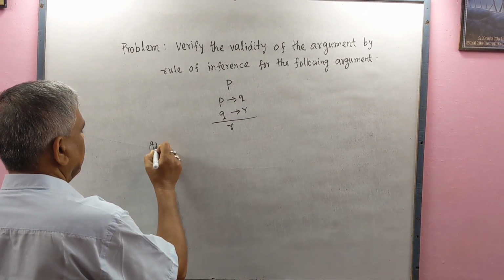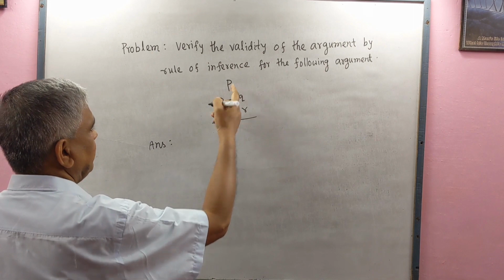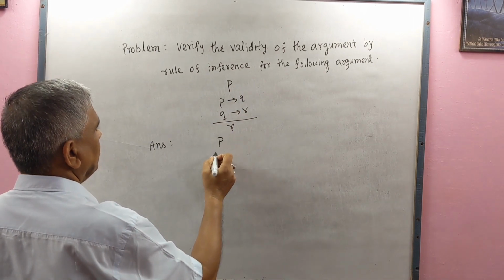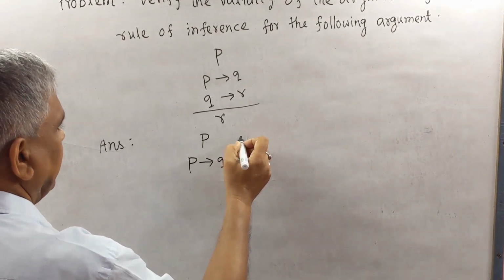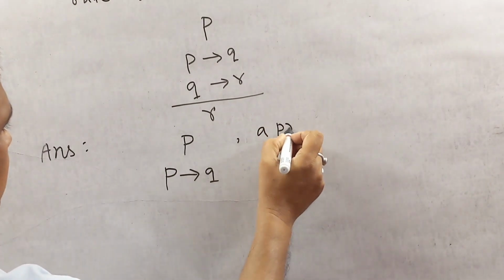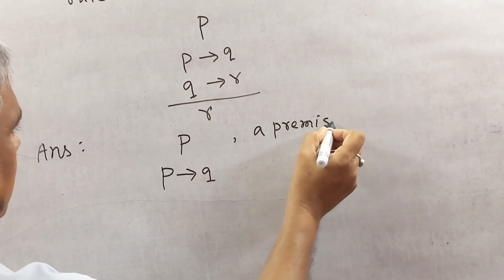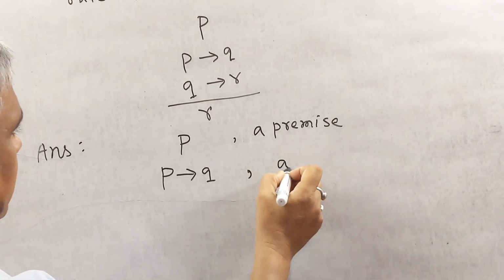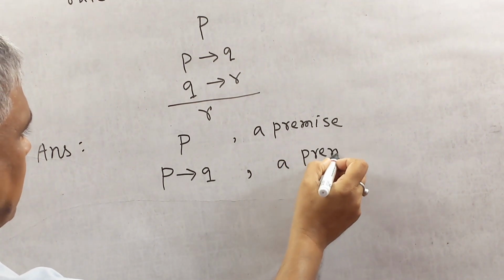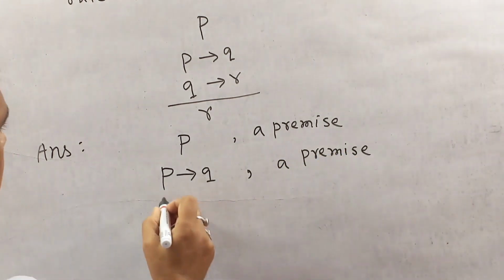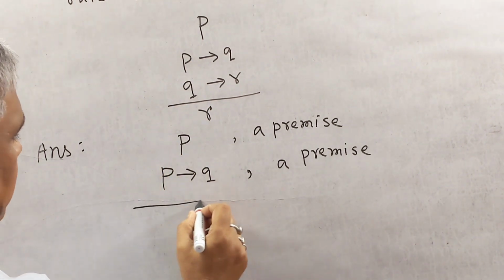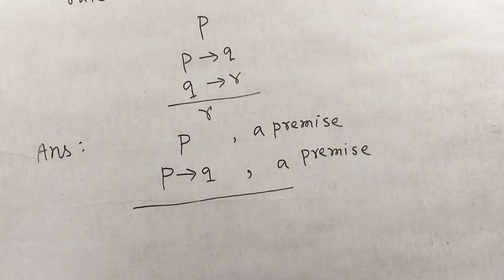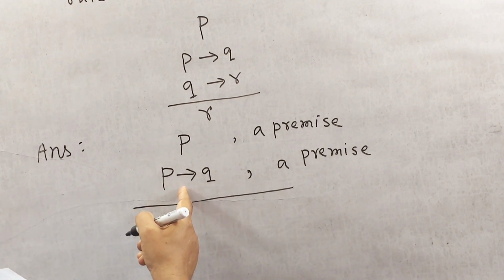Answer. Firstly, given P implication Q. This is a premise. This is also a premise. We take two premises and we make a conclusion by modus ponens.